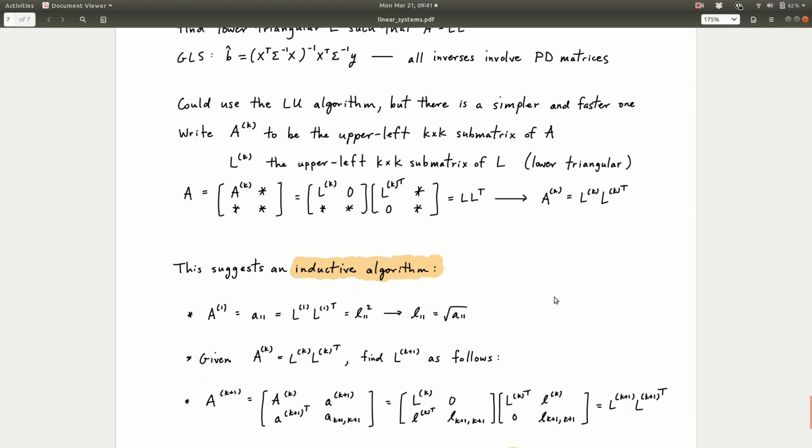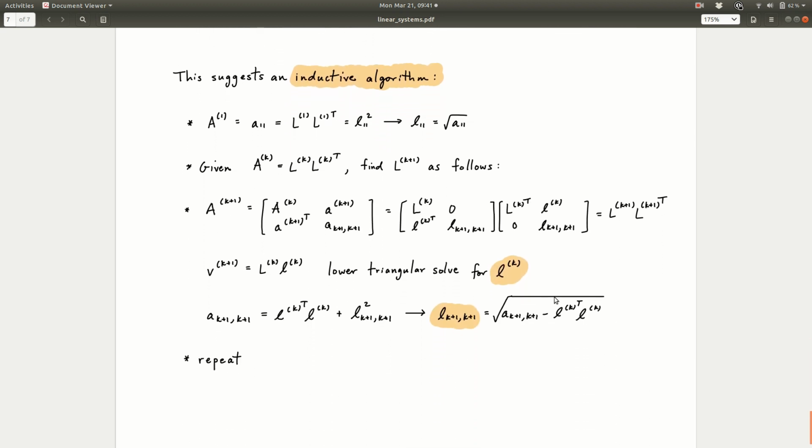So here's how the inductive algorithm works. When you do a proof by induction in math, basically you have to show that whatever you're doing works for the first step in the induction. And then what you have to show is that, given the solution at the kth step, there's a viable or correct method for getting the solution at the k plus 1 step.